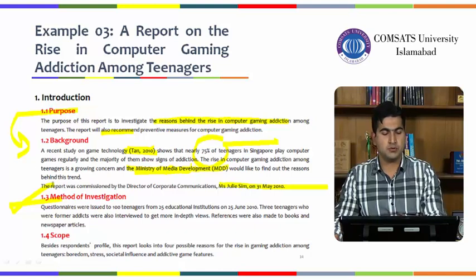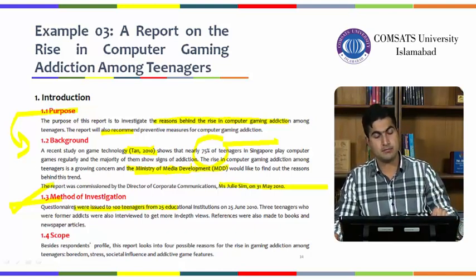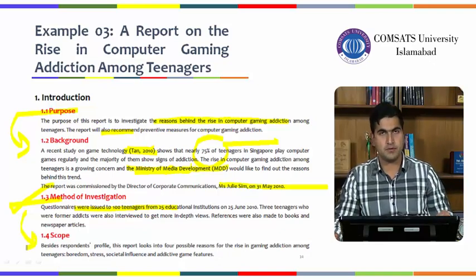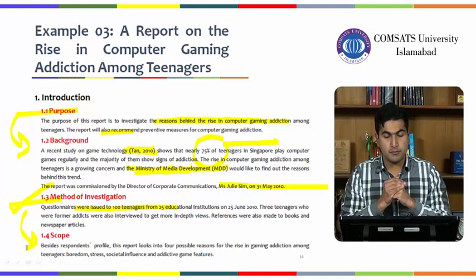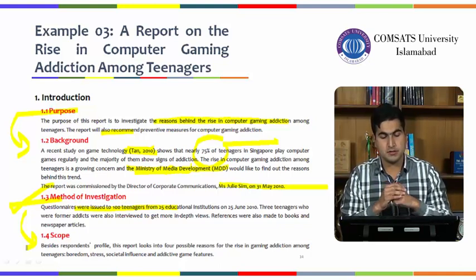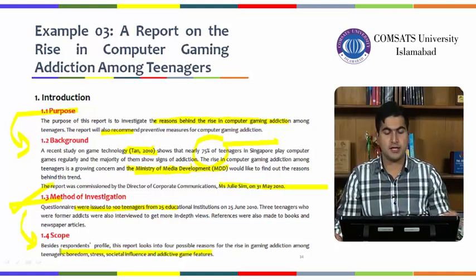Questionnaires were issued to 100 teenagers, and you are talking about the detail, and then come towards the scope, that again the boundary. Besides respondents' profile, this report looked into 4 possible reasons for the rise in gaming addiction among teenagers, which are boredom, stress, societal influence, and addictive games.